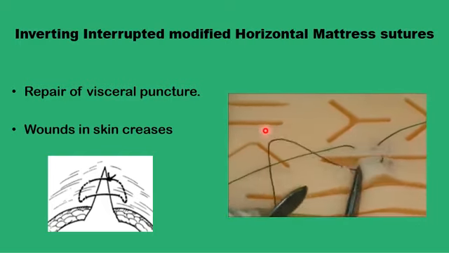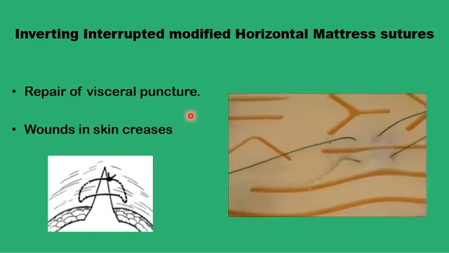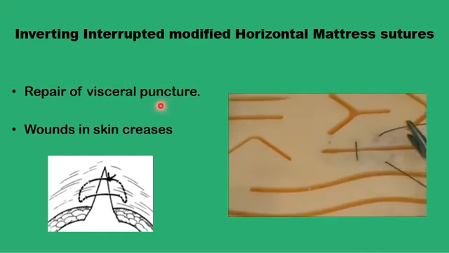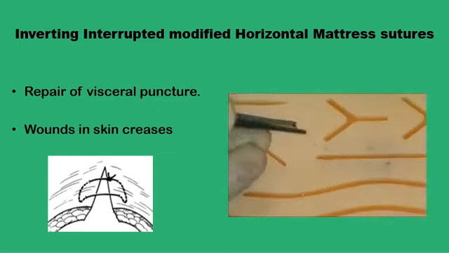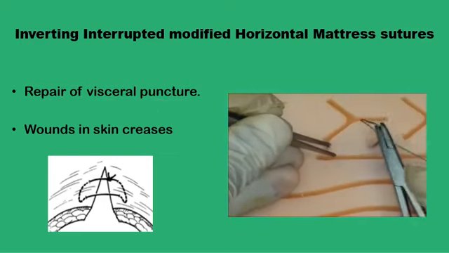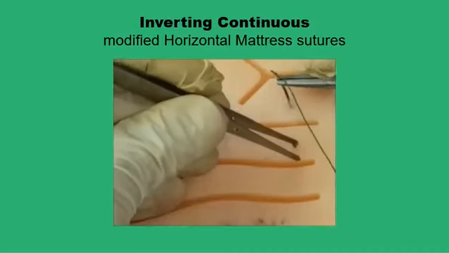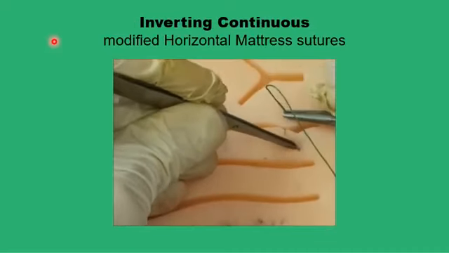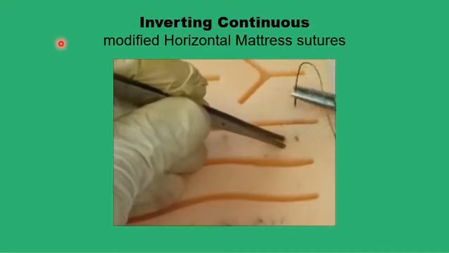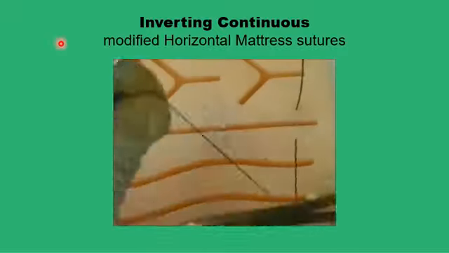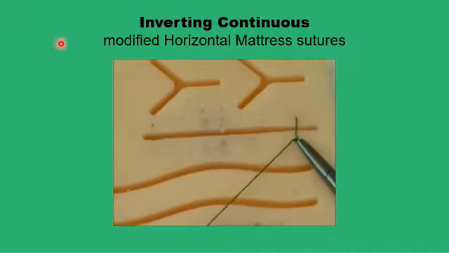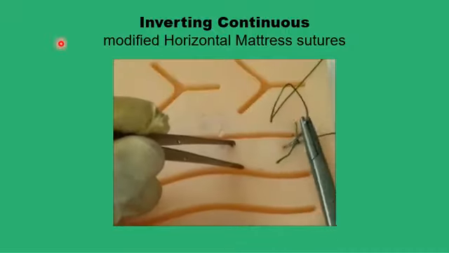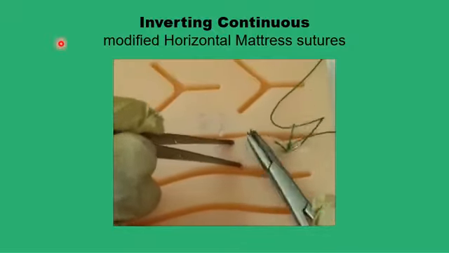This would be useful if we are repairing a puncture in the viscera, a short segment, for example, or wounds along skin creases or skin folds. A continuous version of this modified horizontal mattress suture, in which the unit of the reversed horizontal mattress suture is repeated along a segment rather than just once.